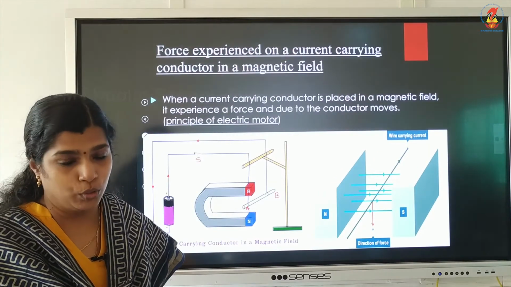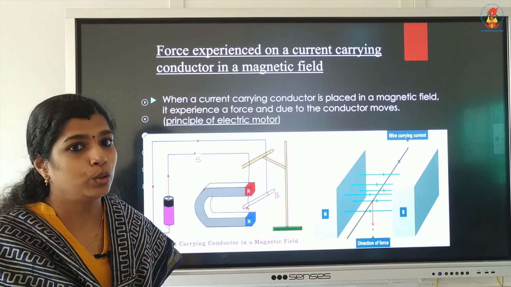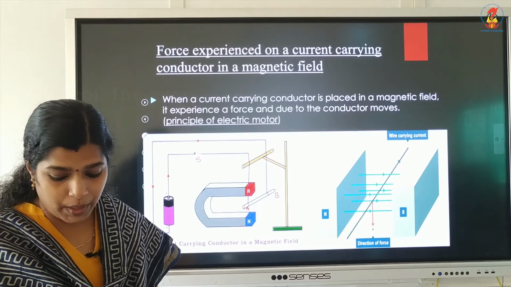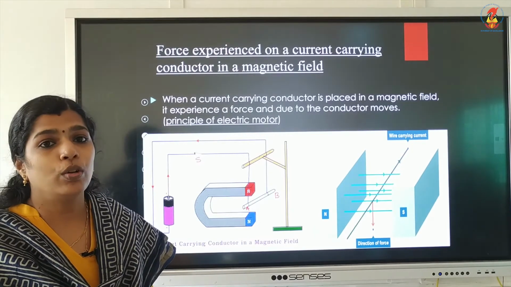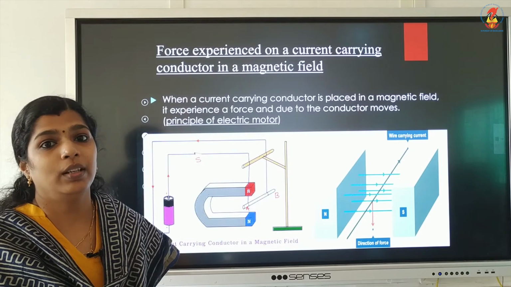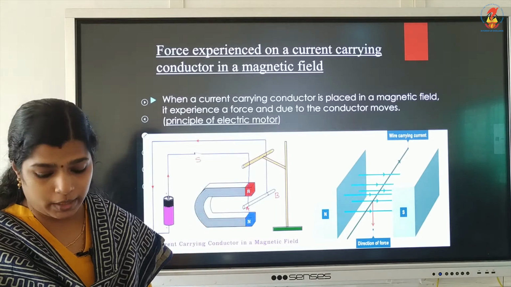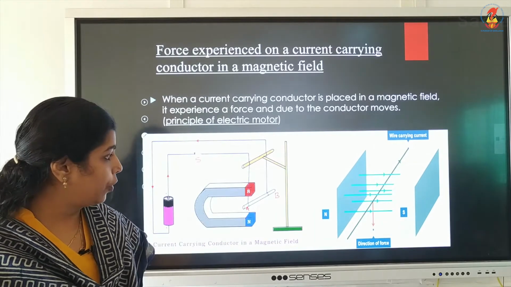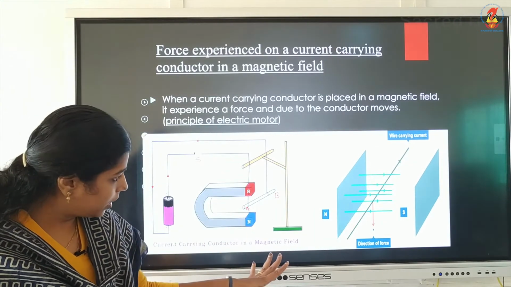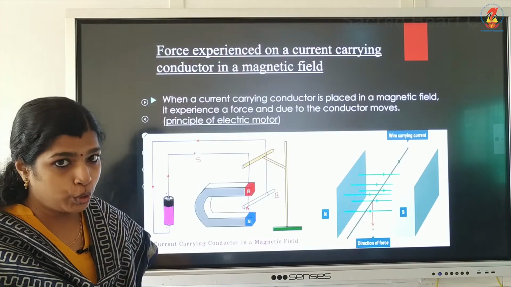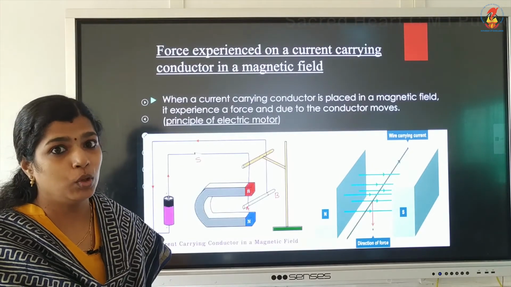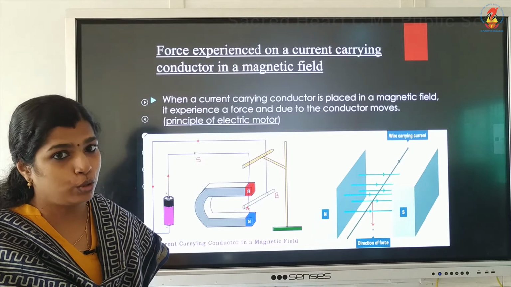conductor moves either to the left or to the right, depending upon the attraction or repulsion due to the magnetic field. So, the interaction between the two magnetic fields produces a force on the current carrying conductor, due to which the conductor moves either to the left or to the right.